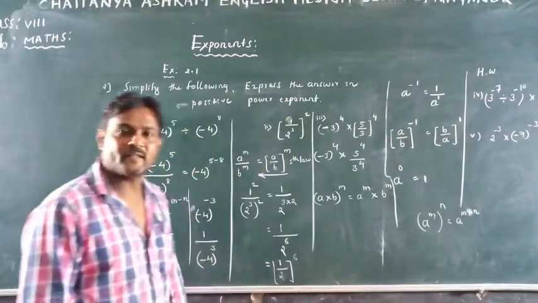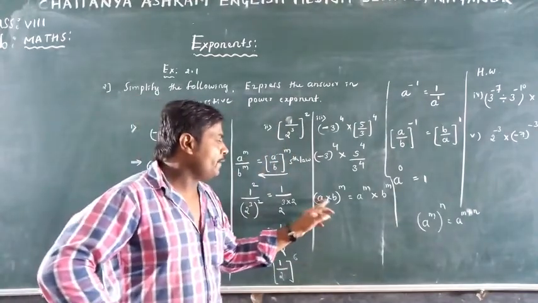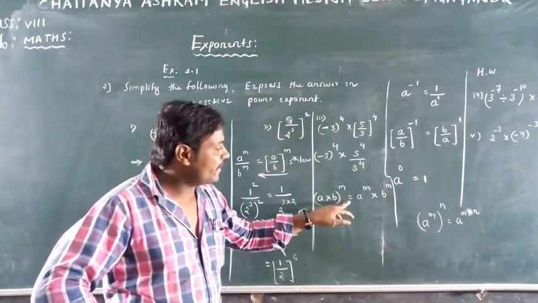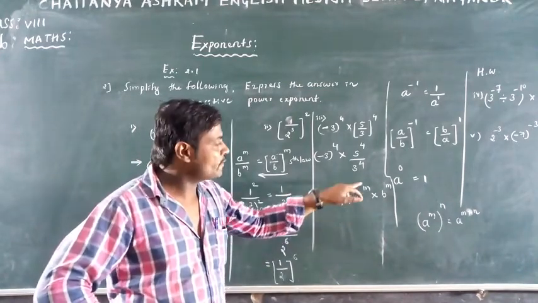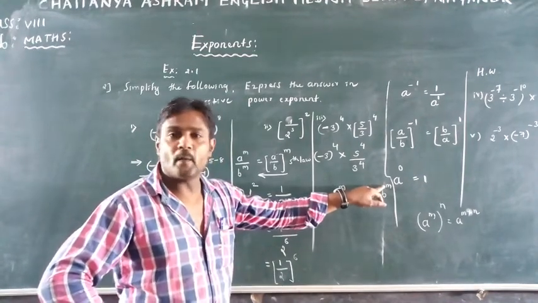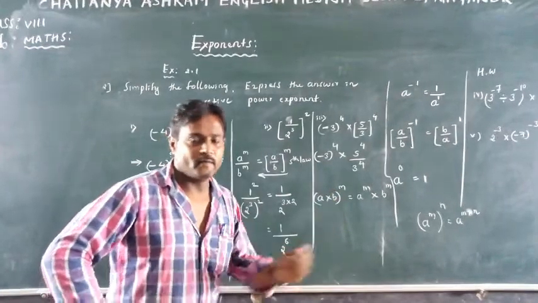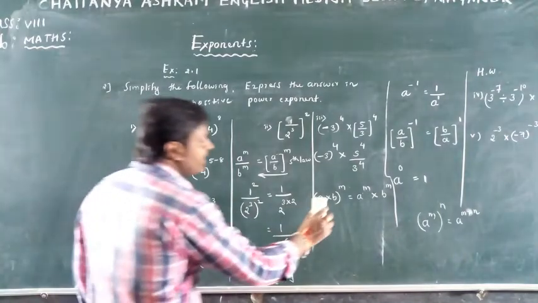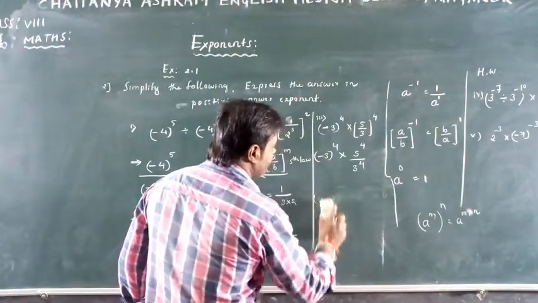Yes or no, dear children? (A into B) raised to the power m is equal to A raised to the power m into B raised to the power m. Or this we can write like this also.